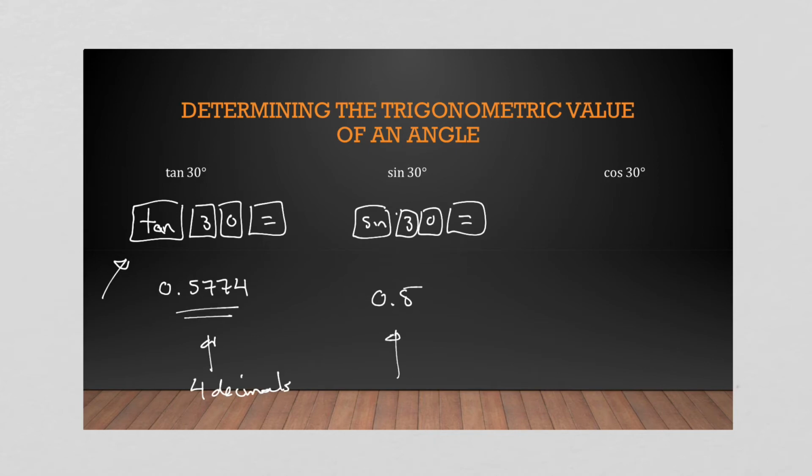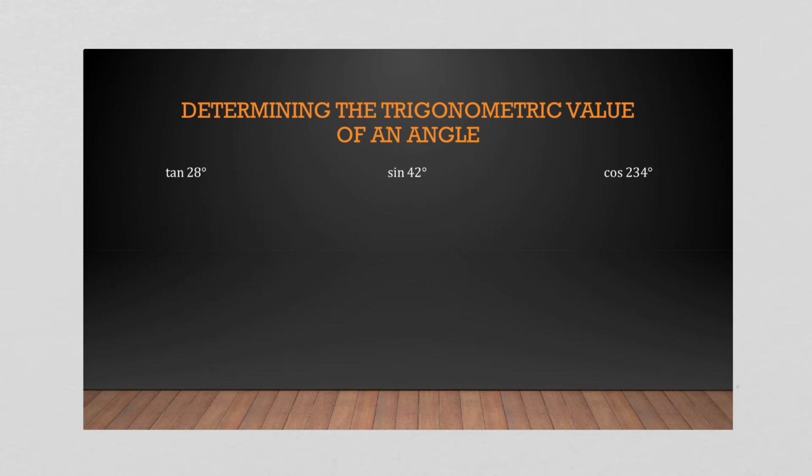If you hit cos 30, you should get 0.8660. So those are the first three things you do. You're just using your sine button as is, the main button, to calculate the ratio value of a given angle. If you're trying to find the ratio value, you just use the regular button. All right, now let's do a few more.